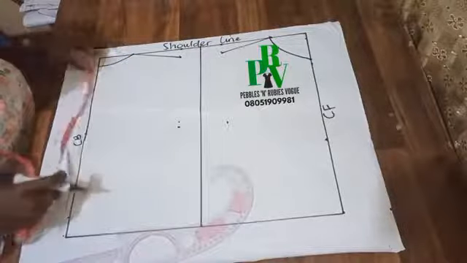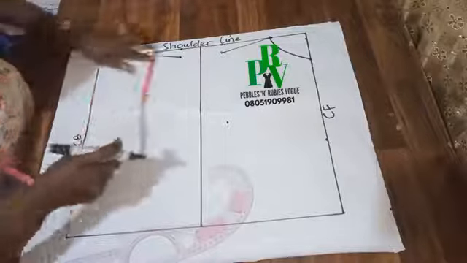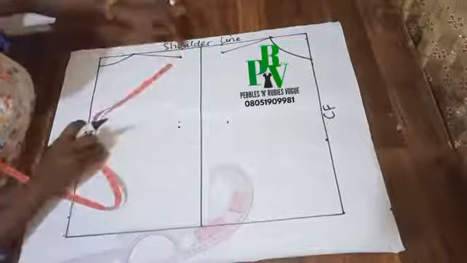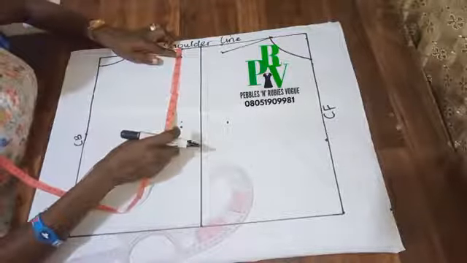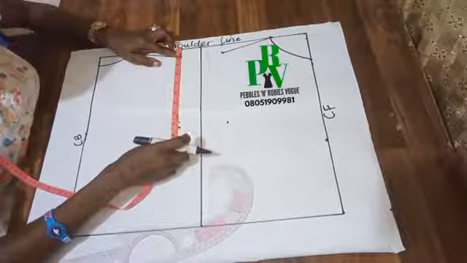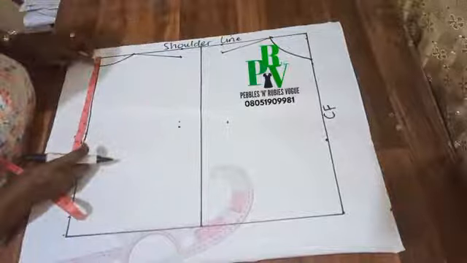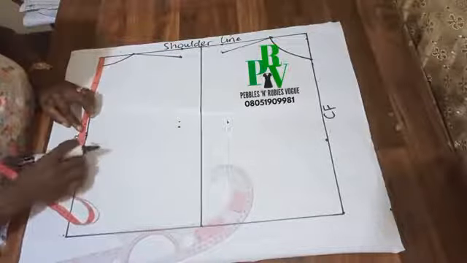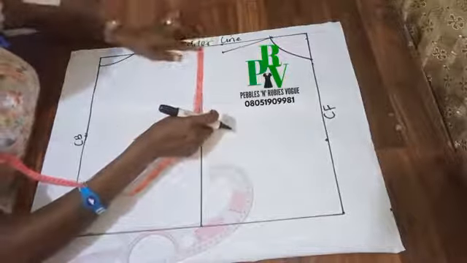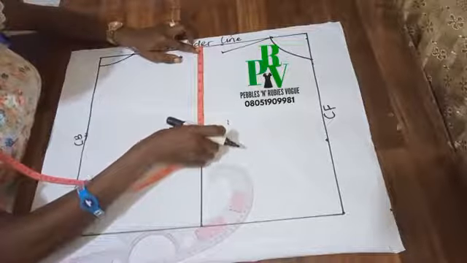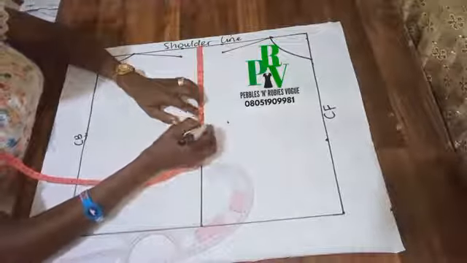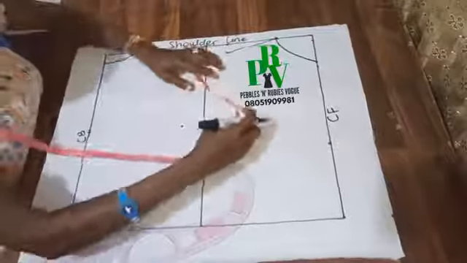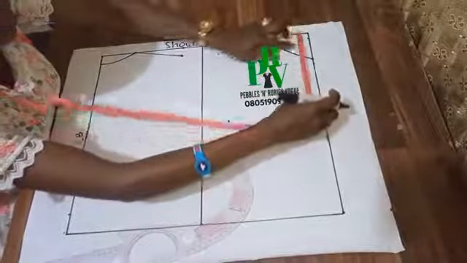In order to have a straight line, I'll take the measurement of the armhole length right from the shoulder line. That will be 8.3. So I'll mark the 8.3 across in order to have a straight line, from my center back to the center front.